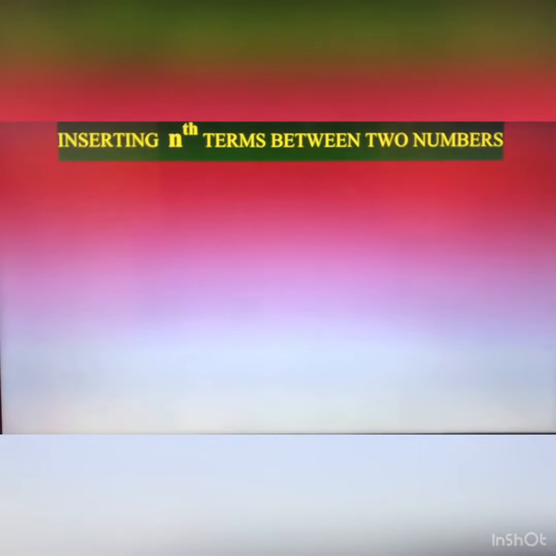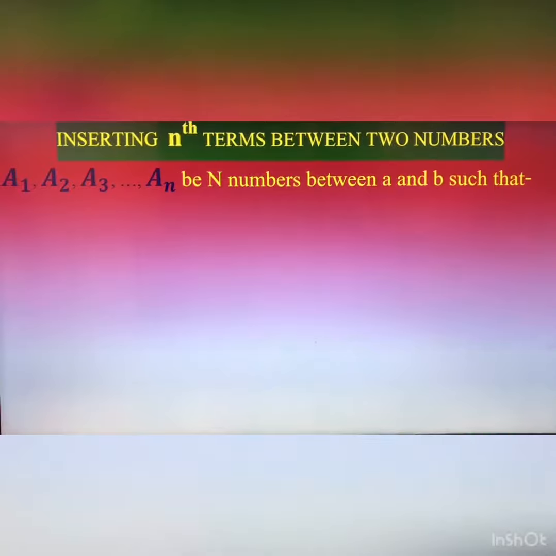Now, inserting n terms between two numbers. This means if two numbers are given and the requirement is to insert n terms between them, how can you find them? Let a1, a2, a3, up to an be the n numbers we insert between a and b.